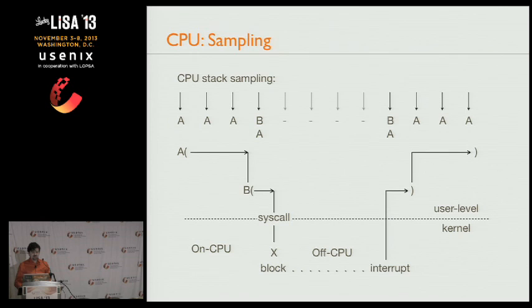As we're sampling this, we're not taking samples when it's off CPU. We're only taking samples when your application is on CPU running code. So that's why it's profiling the CPU usage. It's coarse because things can happen in between those samples, but it's often effective.